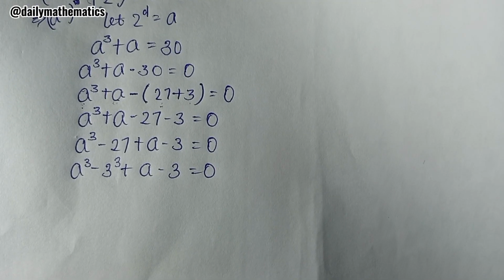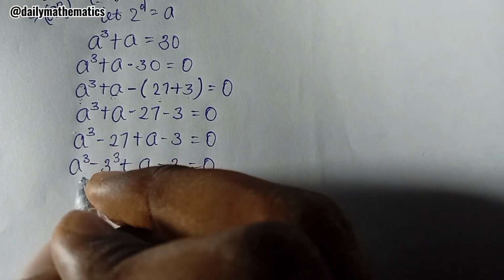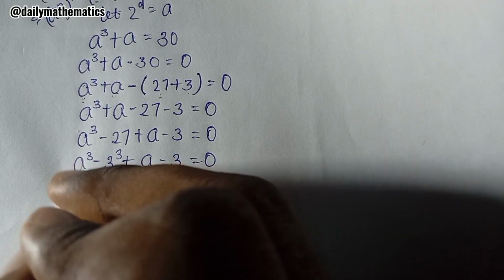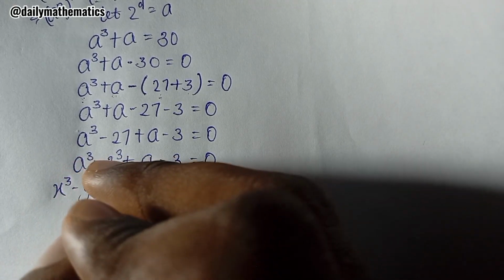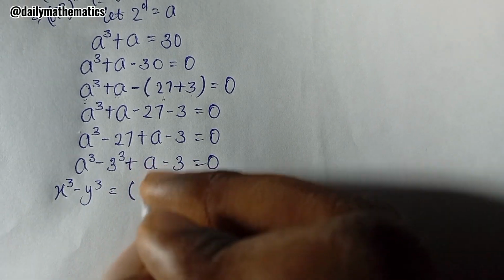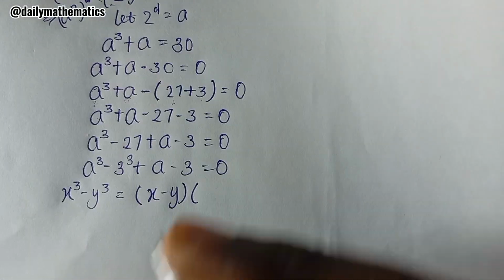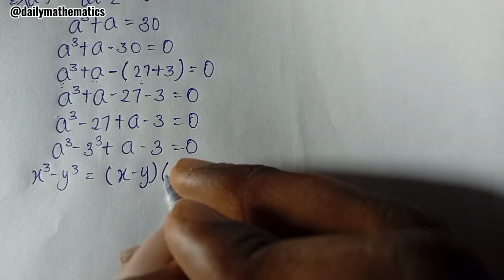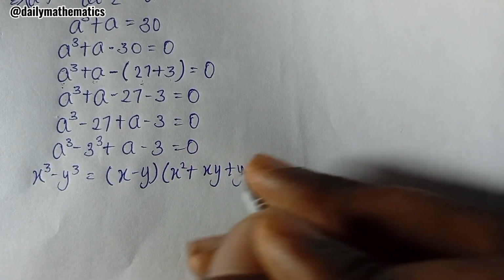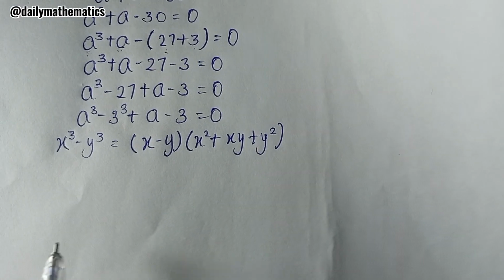From here, we have a cube minus 3 cube. Now remember, when we have x cube minus y cube in our laws of exponents, it gives us x minus y, and then x squared plus xy plus y squared.